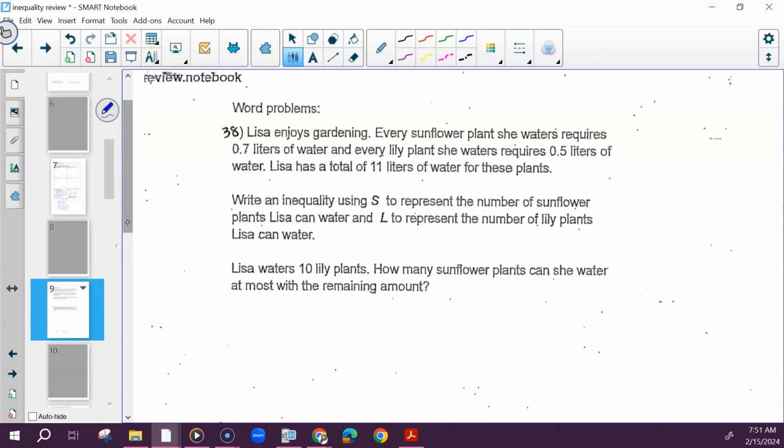Do we have questions on either of these? $38. 39. 38.